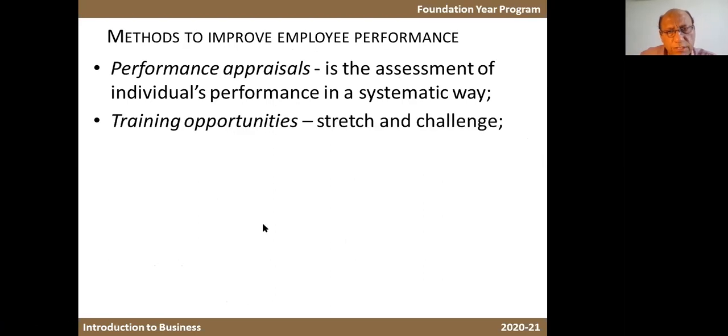So training opportunities are given to the employees, wherever a new technology or new competency or skills are required. So this is actually job enrichment. A variety of tasks the employee has to do, and maybe some employees are not very well skilled.